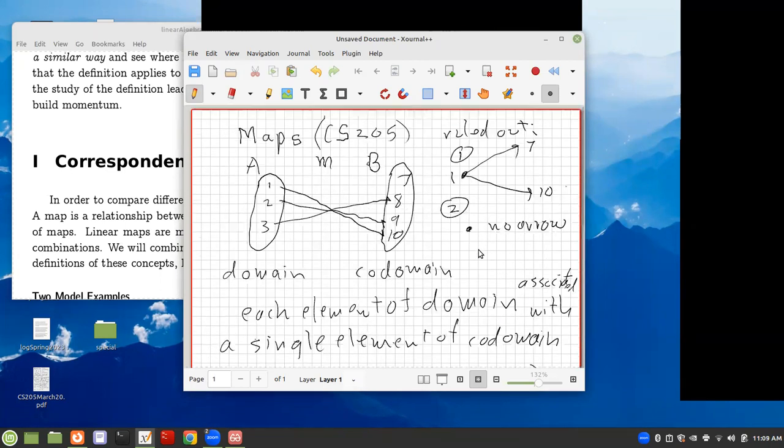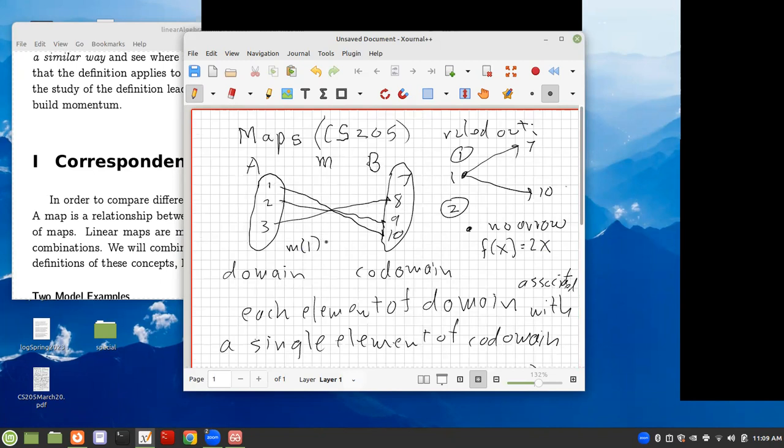For example, for this M, we have this notation like M of 1. This is the functional notation you're used to from math, like F of X equals 2X. Well, if I put in 1 here, I get out 2. F of 1 is equal to 2, F of 2 is equal to 4.